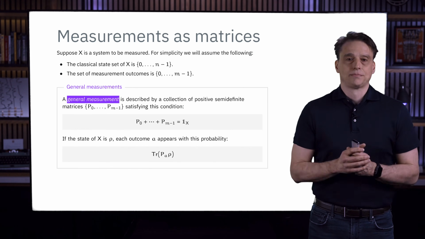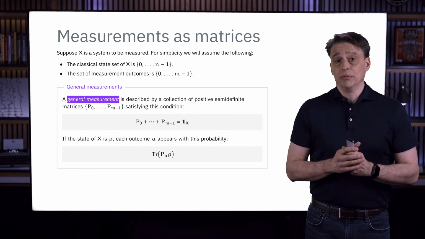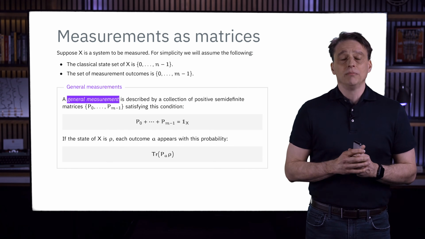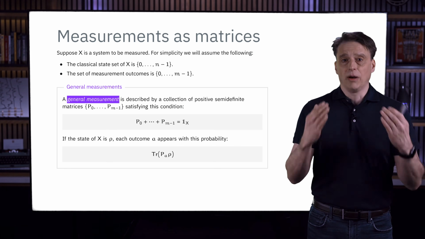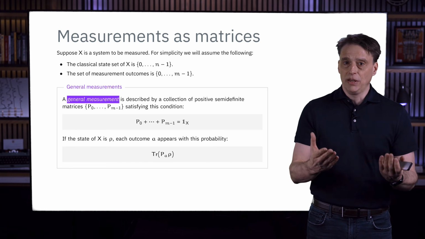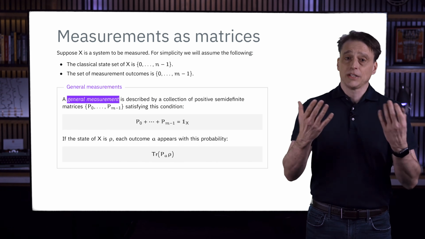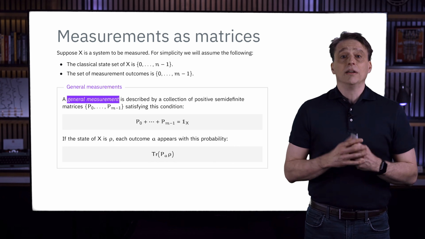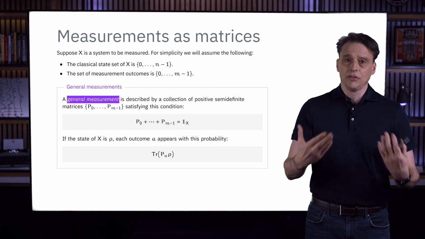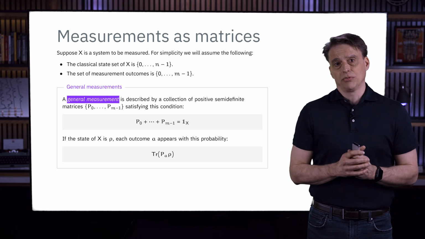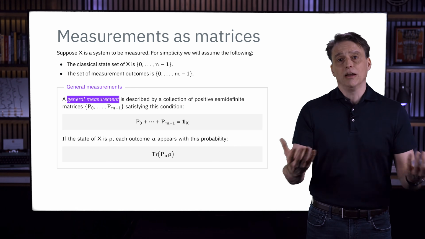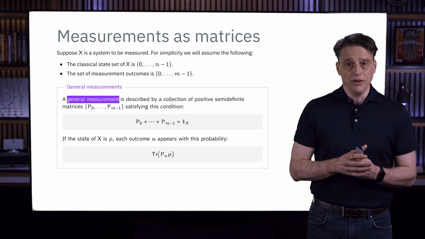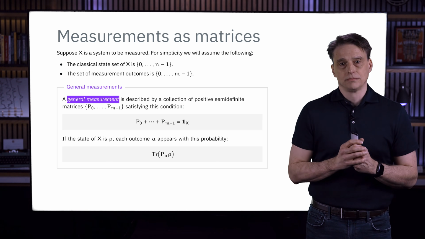And here it is. A general measurement, not necessarily a projective measurement, is described by a collection of positive semi-definite matrices, P0 through P m-1, that's summed to the identity. And if this measurement is performed on X while it's in a state described by a density matrix rho, then each outcome a appears with probability equal to the trace of P a times rho.